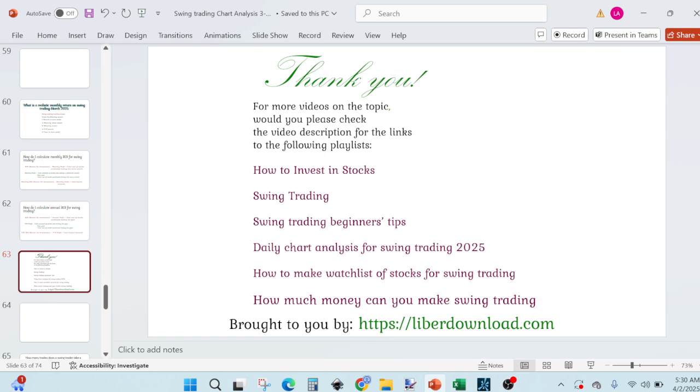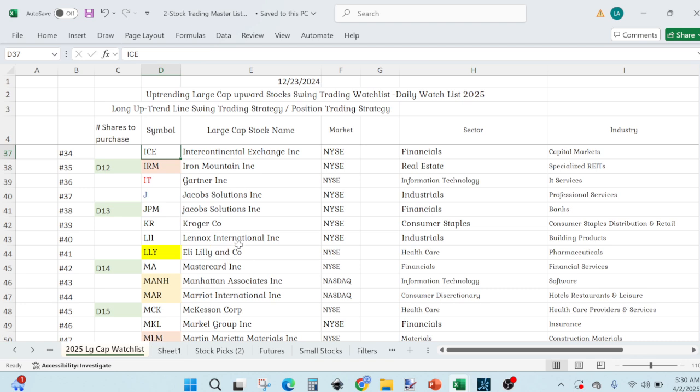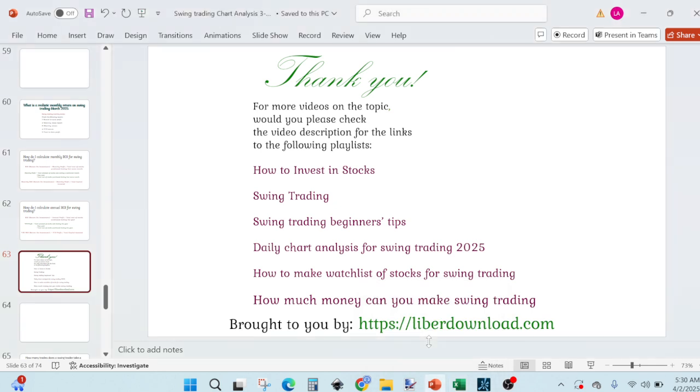And then when you are very comfortable with your strategy and you have stocks on your watch list that react well with that strategy, just now you know that to increase your profit, you just need to increase the number of stocks you are buying.